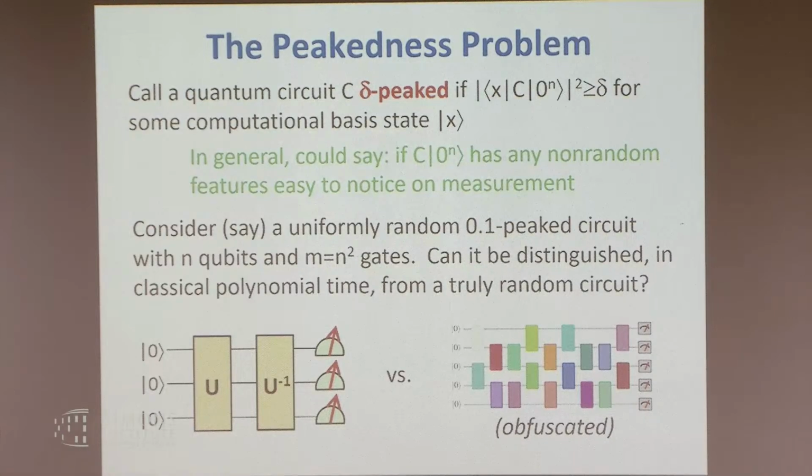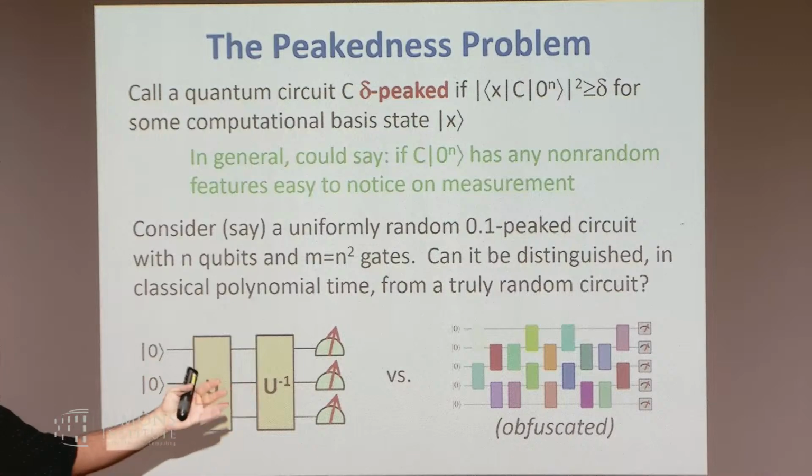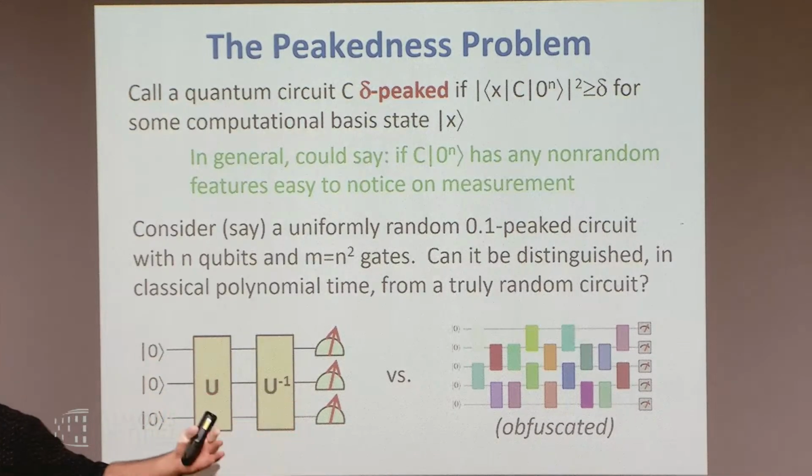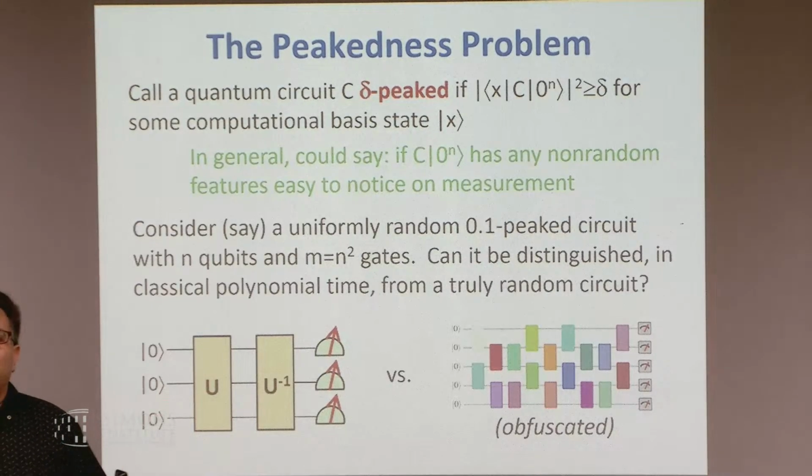You could imagine on the one hand that if you pick a random circuit and then you condition on its being peaked, which is this very stringent and very special property that only an exponentially small fraction of quantum circuits will have, one can prove that. Then that circuit will stick out like a sore thumb.